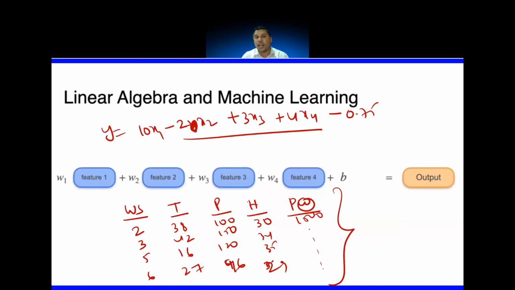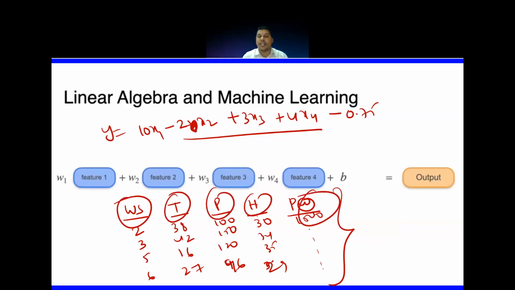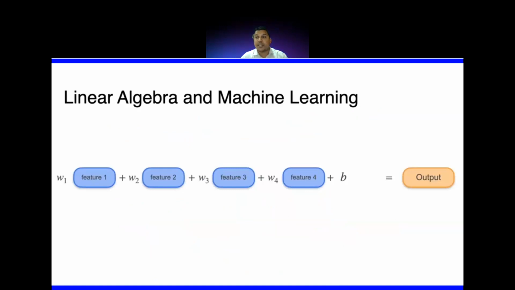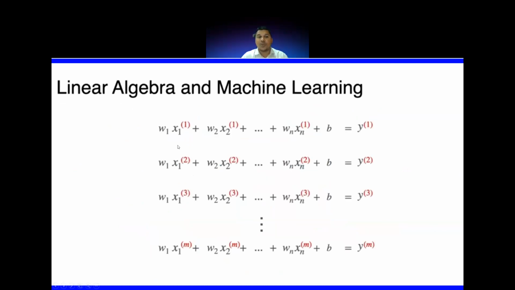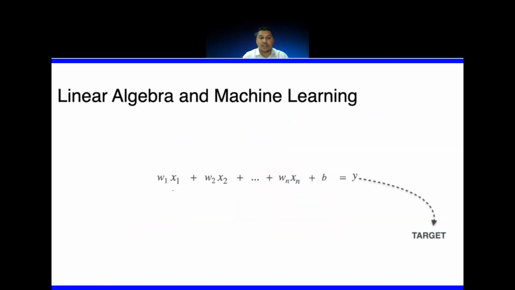Now this model will help me in doing predictions. Given any wind speed, temperature, pressure, humidity, I can find out what the power generation is. Correct? So I am representing it in equation form. This is my target, I want to find out this. So this is what I was saying about w1 x1, w2 x2, up to wn xn, plus b equal to y. This is what I have to find out.